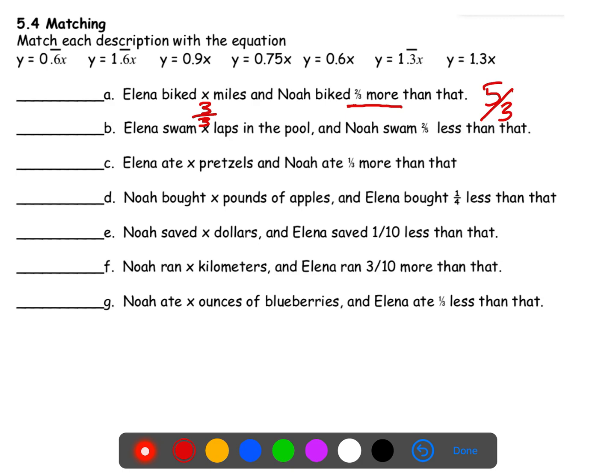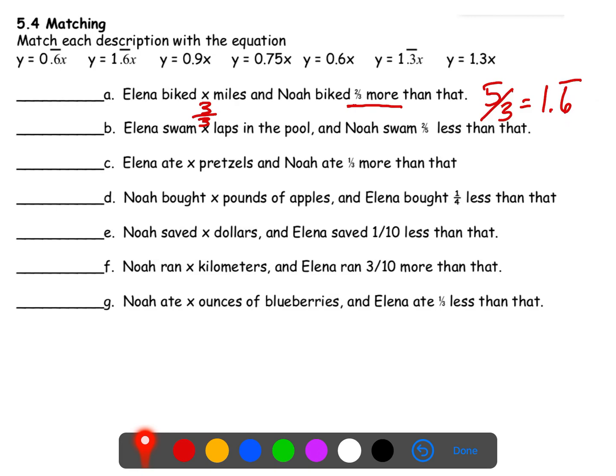Now, the difficulty here is going to be finding which constant of proportionality is equivalent to 5/3. We just need to divide. 5 divided by 3 is going to equal 1.6 repeating. There's our repeating decimal. Now, if you look on your calculator, a lot of times it's going to say 0.6666666, and there'll be a 7 at the end.